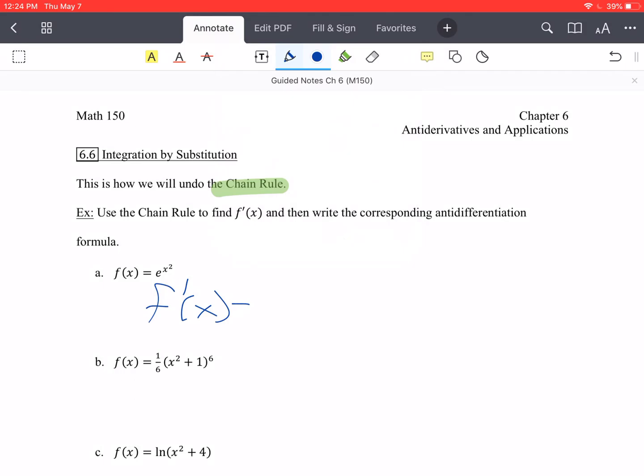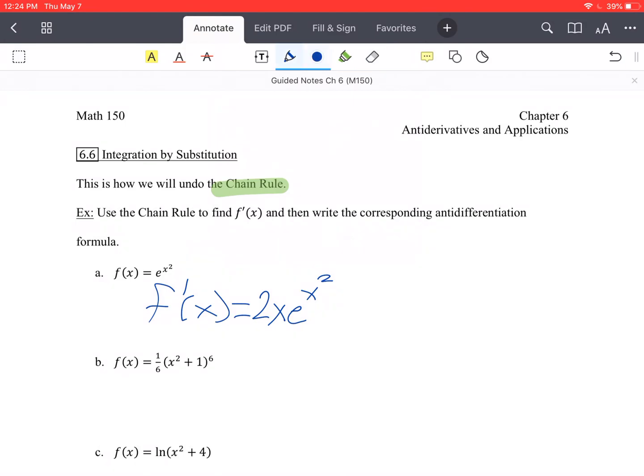The derivative of this is going to be, again, e to the x squared times the derivative of that inside function, times the derivative of x squared, so that's going to be 2x e to the x squared. If 2x e to the x squared is the derivative of e to the x squared, then e to the x squared is the antiderivative of 2x e to the x squared.